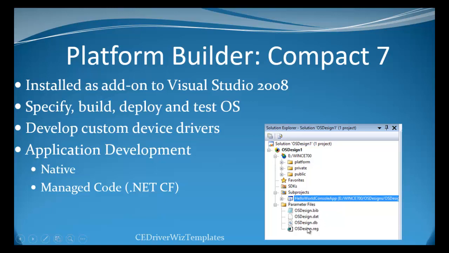And finally, down the bottom we have the parameter files for the operating system that are not part of drivers and so forth. If we create a custom driver, and we wanted to load it at start time, we would put its bib entries in the bib file here, and we'd put its registry entries in this file here, build the operating system, and it would start and run.